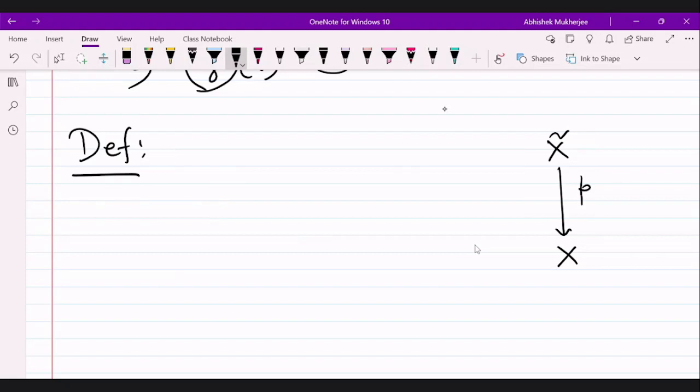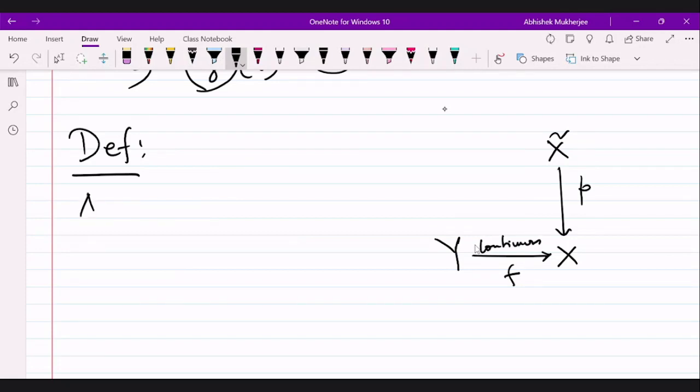And then in general, suppose you take some space y, and let f be any continuous map from y to x.